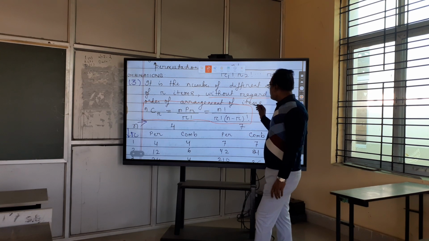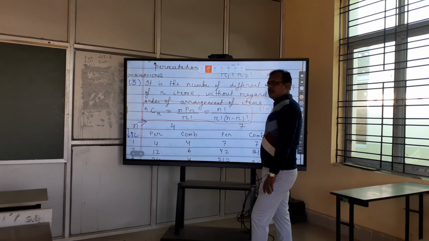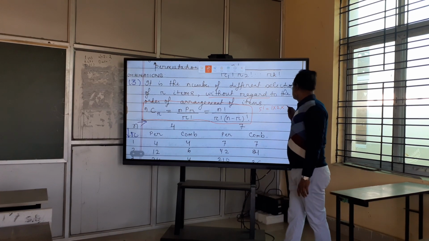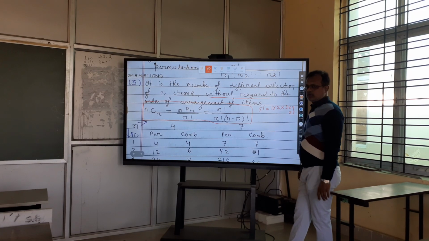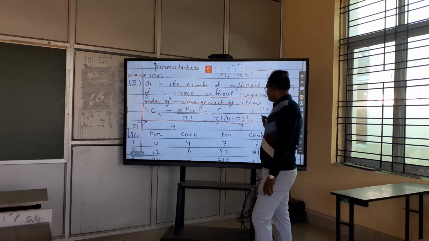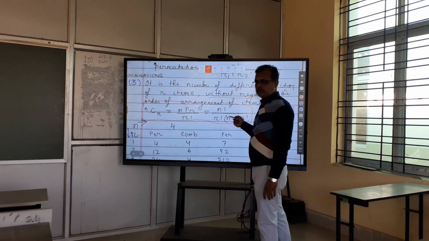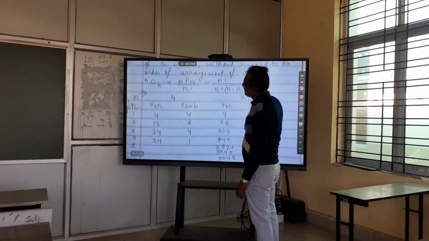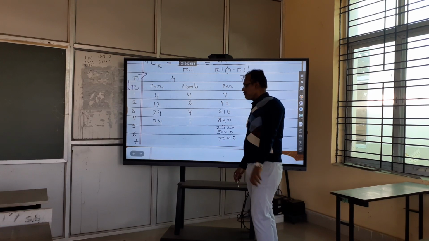Factorial, you know what is 5 factorial? Did you write the formula? Now, some examples, you compute yourself.